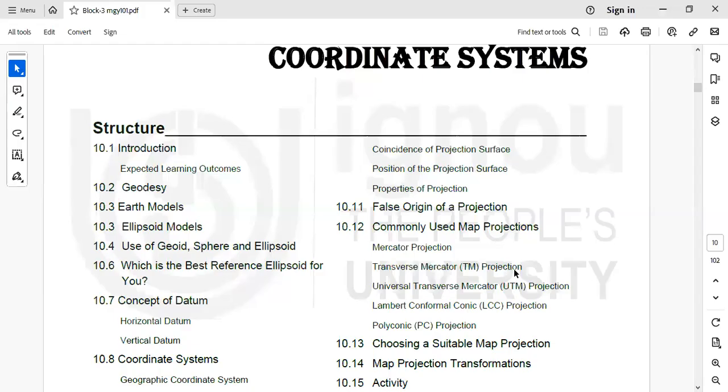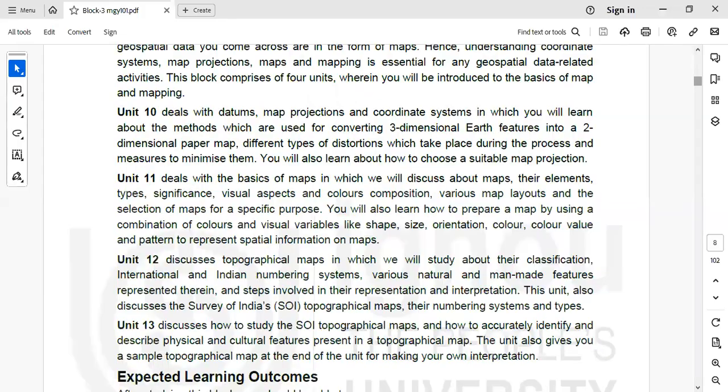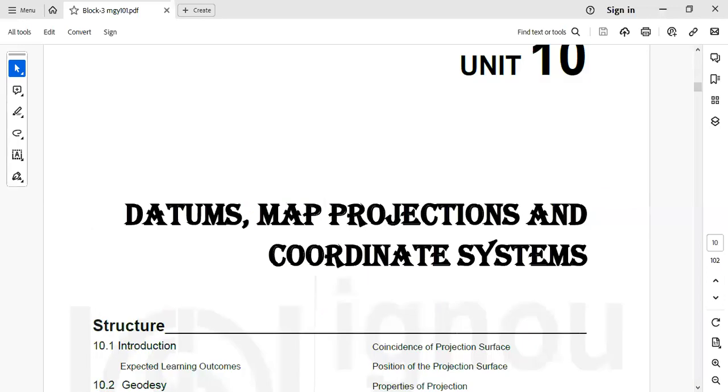So it is very important for us to have knowledge of some basic aspects of the Earth, and how we can represent the surface of the Earth while making various observations.